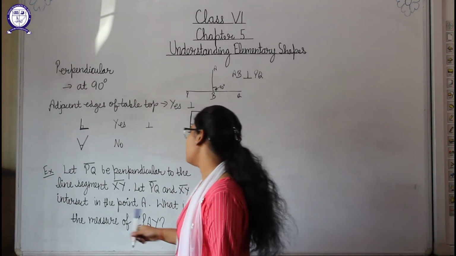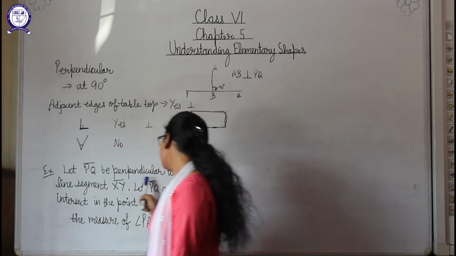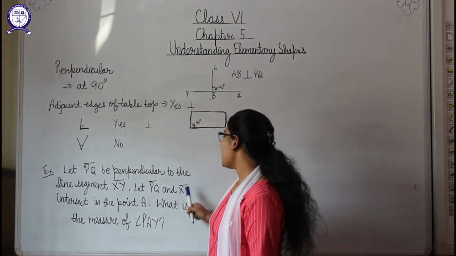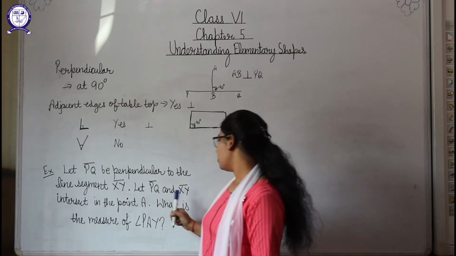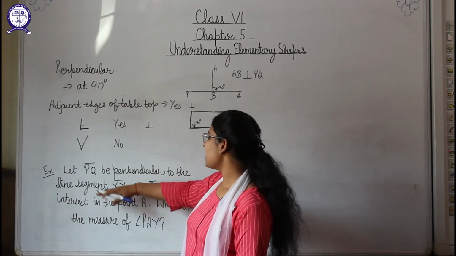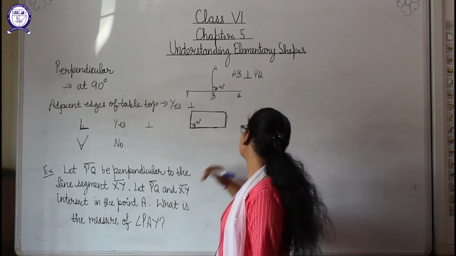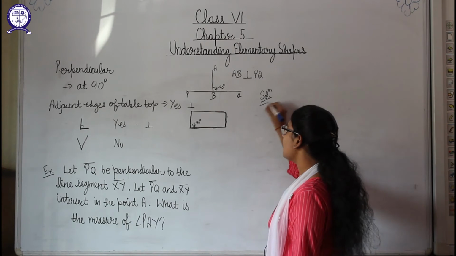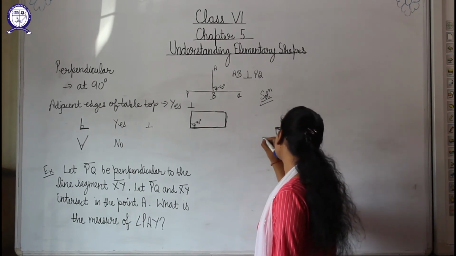Now the question is, let PQ be perpendicular to the line segment XY. Let PQ and XY intersect in the point A. What is the measure of angle PAY? First of all, we will draw the line segment XY.